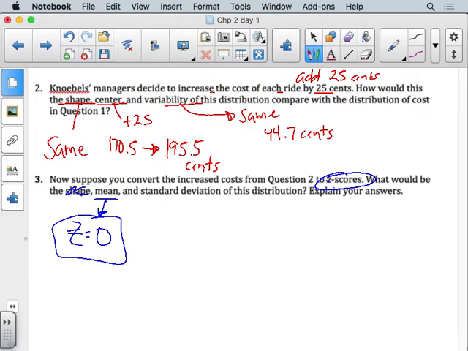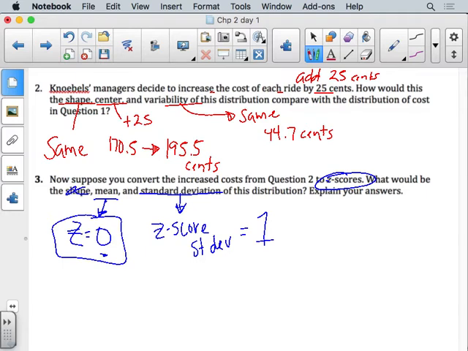So if you're converting to z-scores and I want to know how many standard deviations I am away from the mean, a z-score of 1 would be 1 standard deviation from the mean.